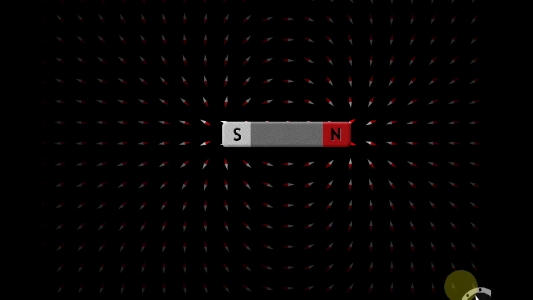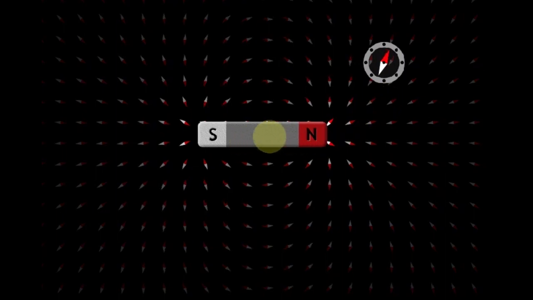Now if we want to judge this magnetic field, then we can use a compass. As we know, opposite poles attract each other and like poles repel each other, so you move this compass anywhere in the region, and you will see the effect of the magnetic field due to this bar magnet on the compass.